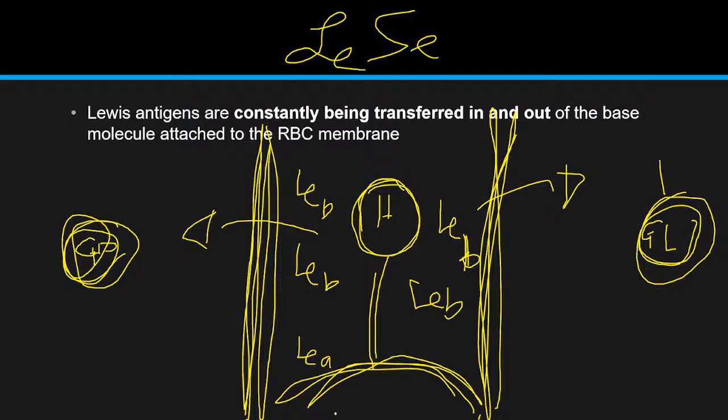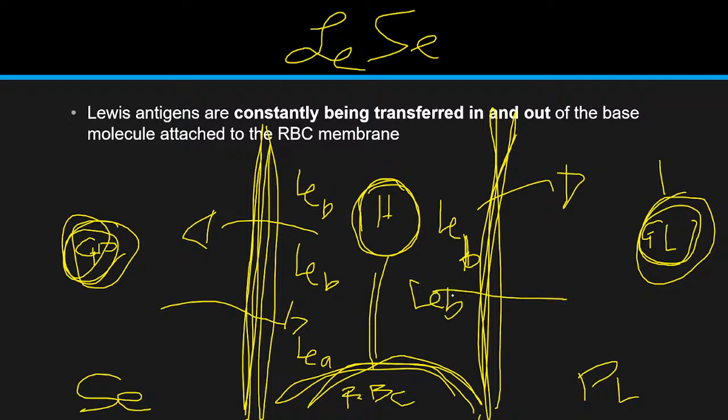Imagine this is the RBC. This is the plasma. This is now your secretions. Now, this happens constantly. LEB gets detached, it will attach here, then it will come back again to the RBC membrane once it just feels like it. So it happens at a very constant rate.